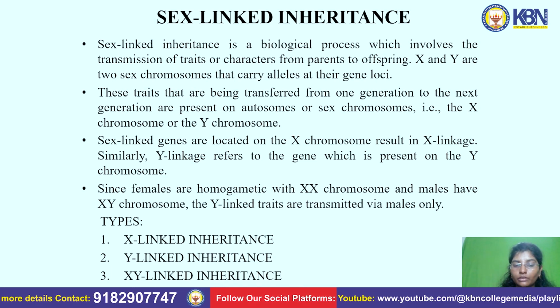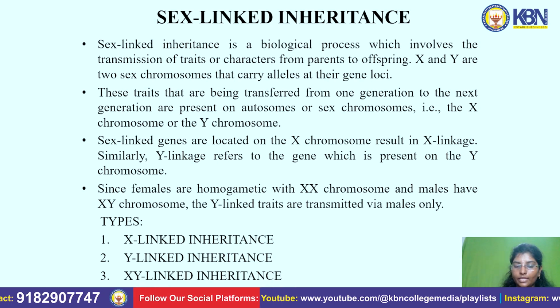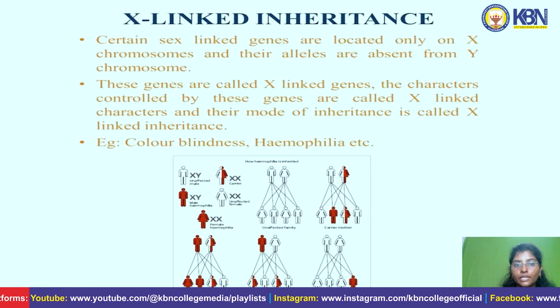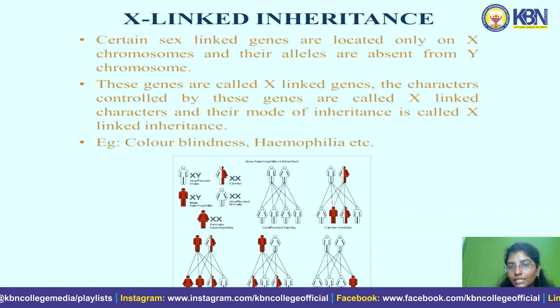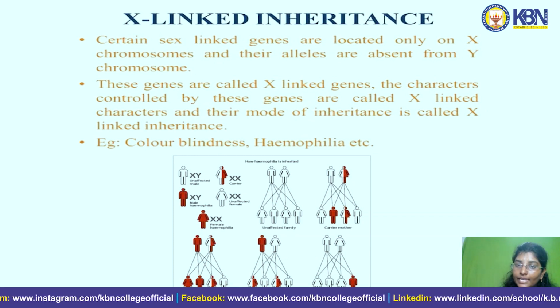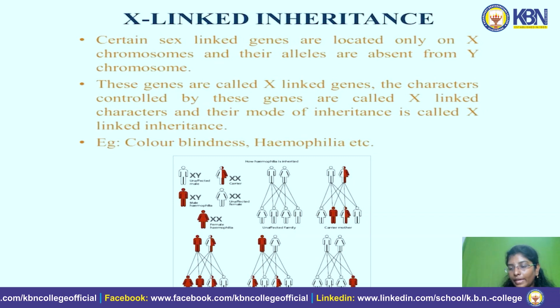There are three types of inheritance: X-linked inheritance, Y-linked inheritance, and XY-linked inheritance. In X-linked inheritance, certain sex-linked genes are located only on the X chromosome, and their alleles are absent from the Y chromosome.